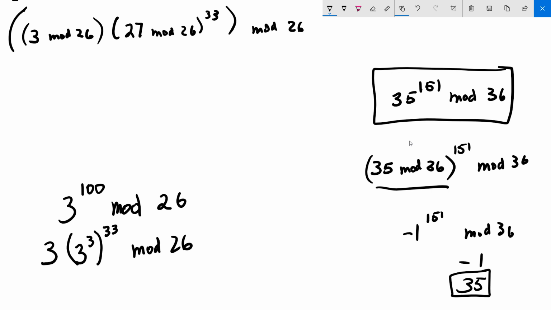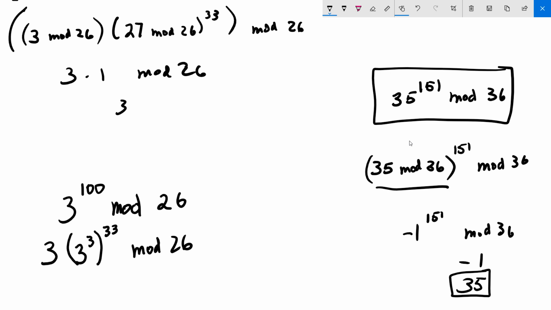So I took mod 26 of 3, and I took mod 26 of this. And so we end up with 3 times 1 mod 26. So the answer is 3.